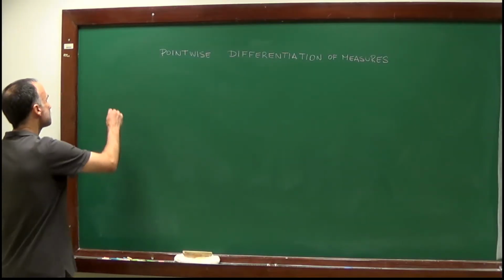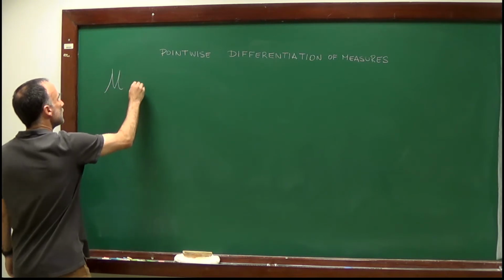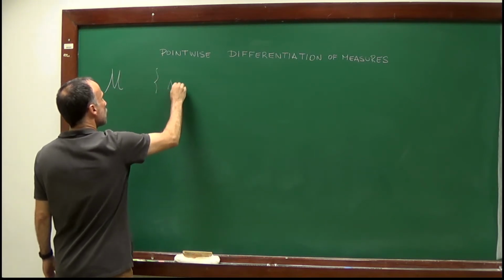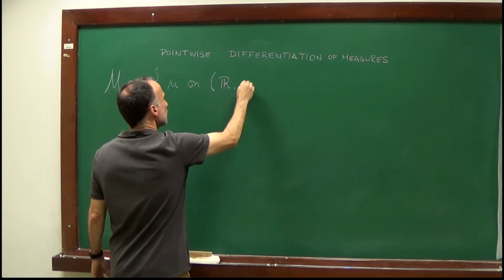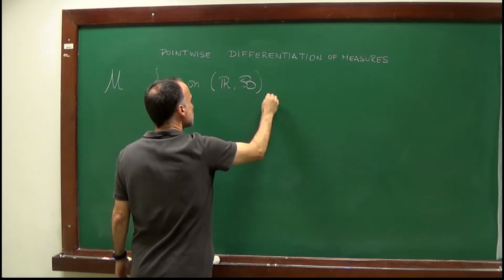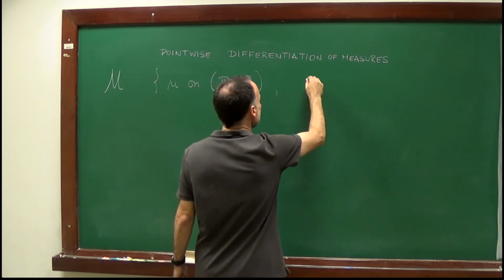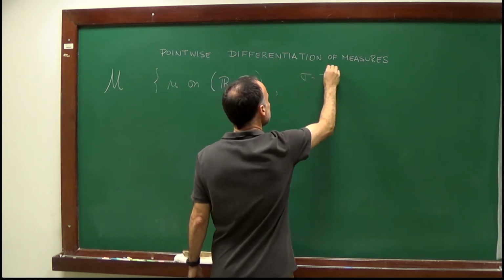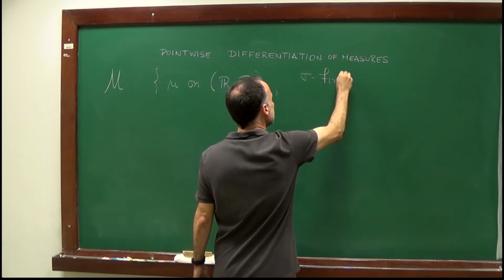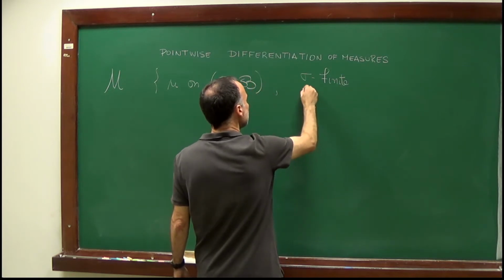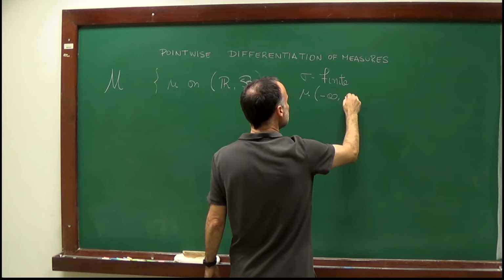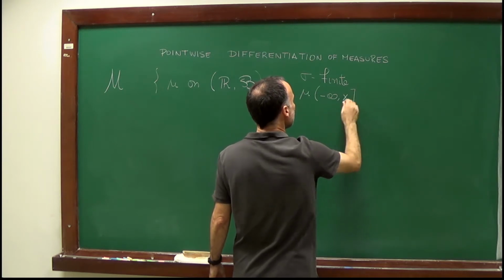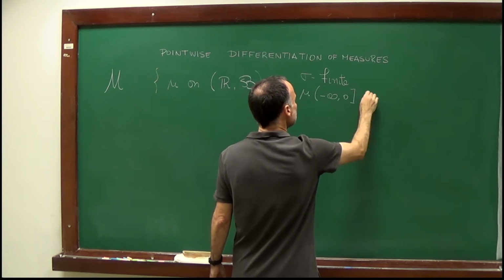So let me represent by M the measures on the line with the Borel sigma algebra, such that I will ask them to be sigma finite, and also that the measure of the segment minus infinity to x, or minus infinity to 0, be finite.